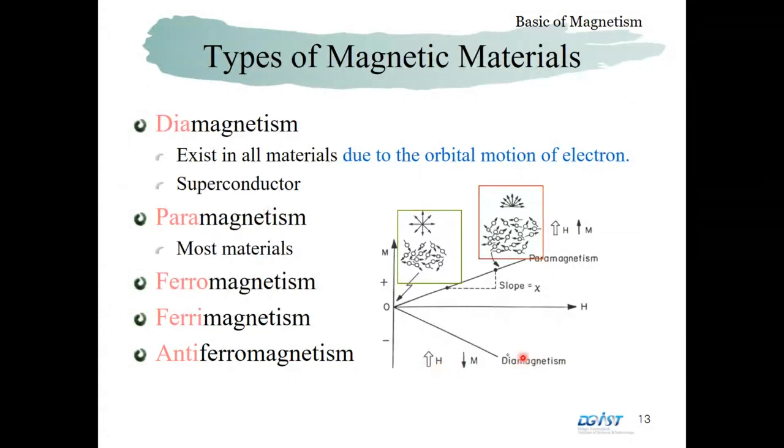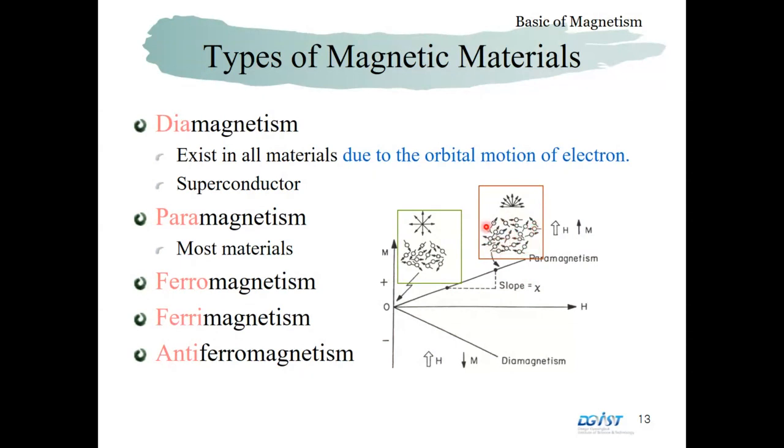And besides diamagnetism, usually most materials also have paramagnetism. That means if we assume some material with electrons inside, the direction of spin is quite random. But if we apply a magnetic field, the spins are not perfectly aligned, but they try to align along the field direction.